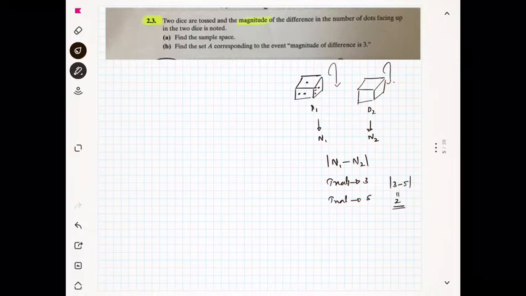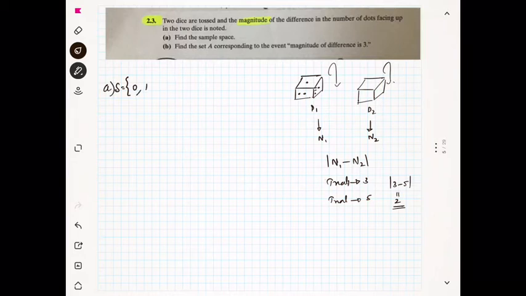So this is what you are going to do. Then what will be the sample space? Suppose you get the same numbers on both dice when you throw, then the magnitude will be 0.